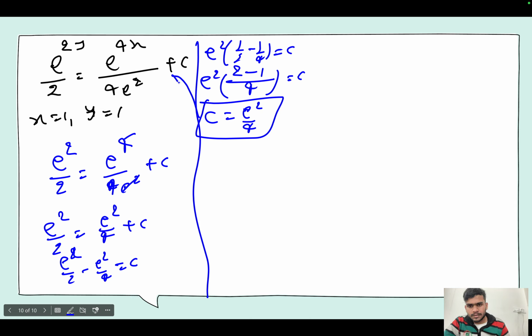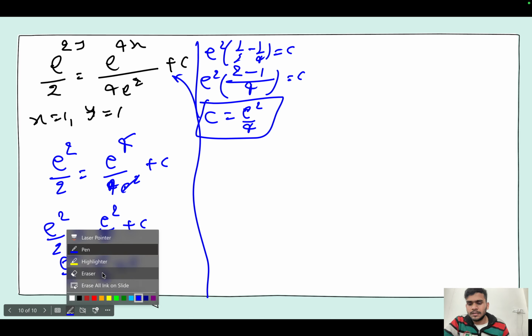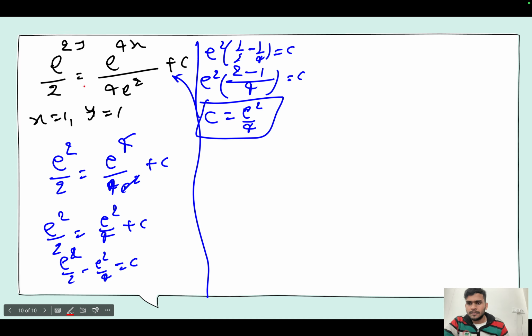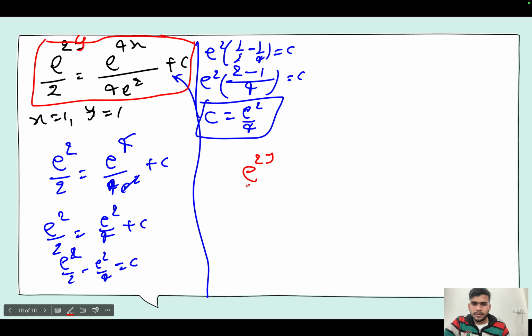Now put the value of c in the general solution. This is the general solution, and so our equation will be e to the power 2y by 2 is equal to e to the power 4x by 4e square plus e square by 4.